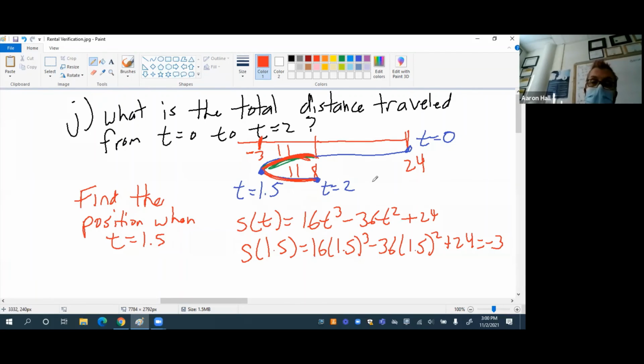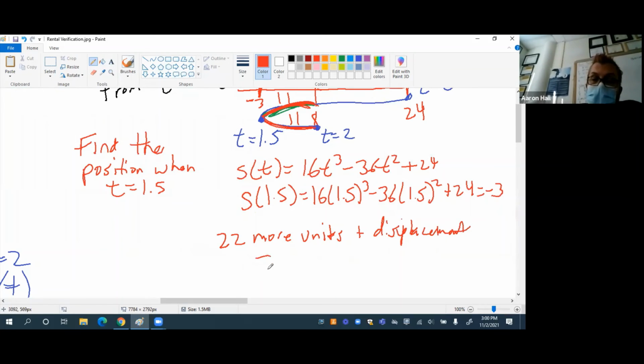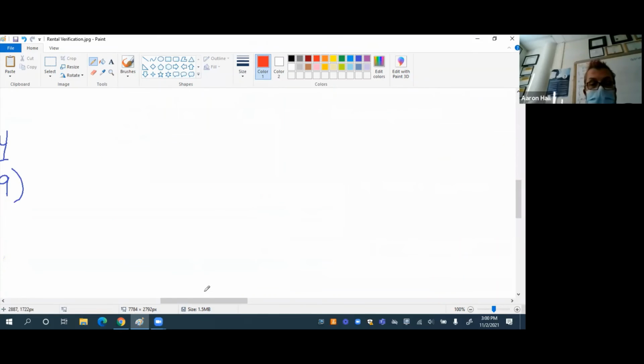We traveled 22 more units plus the displacement. So that's 22 plus what? What was the displacement?